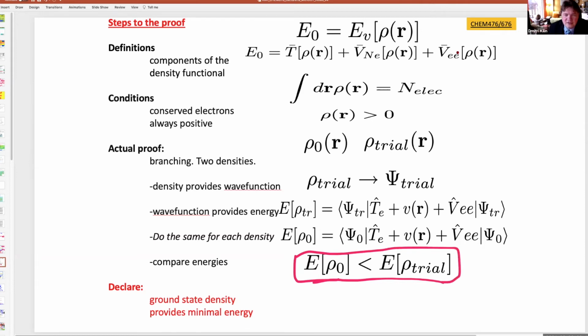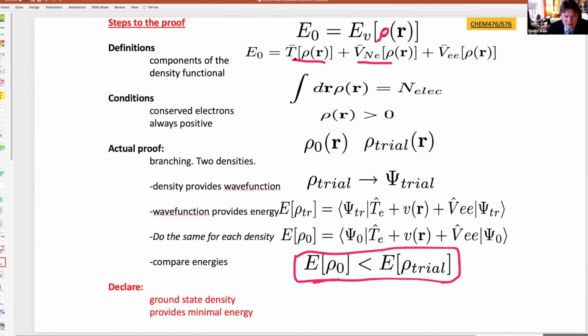We start from the declaration that energy depends on the density as a function. And then we need to chop the total energy into three categories, in the same way as we do for Hamiltonian.